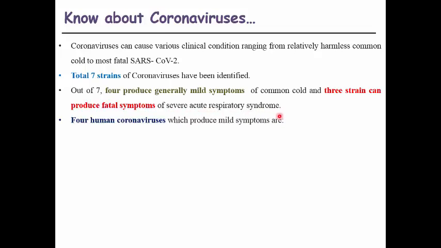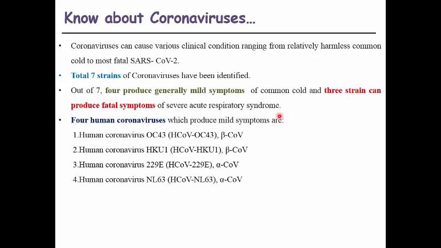The 4 strains which are producing mild symptoms are OC43, HKU1, 229E and NL63. These names are given as per their genome, and these are species of coronaviruses. Beta coronavirus species and alpha coronavirus species are the common species which affect humans.